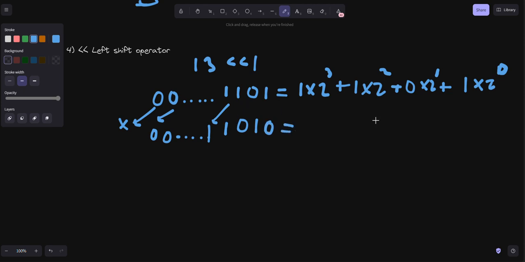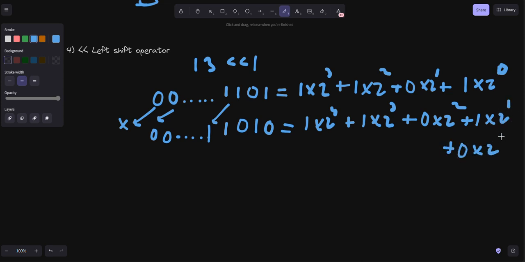So what will be the value now? 1 times 2 to the power 4, because that 1 has come here, plus 1 times 2 to the power 3, plus 0 times 2 squared, plus 1 times 2 to the power 1, plus 0 times 2 to the power 0.